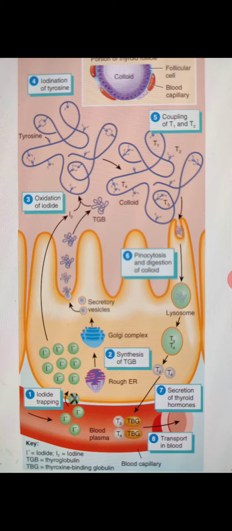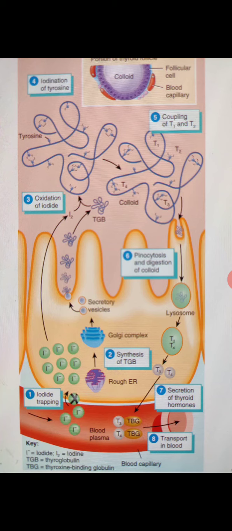ठीक है. Second point, synthesis of thyroglobulin. While the follicular cells are trapping iodide ions, they are also synthesizing thyroglobulin. Thyroglobulin TGB से हम इसको डिनोट करते हैं.